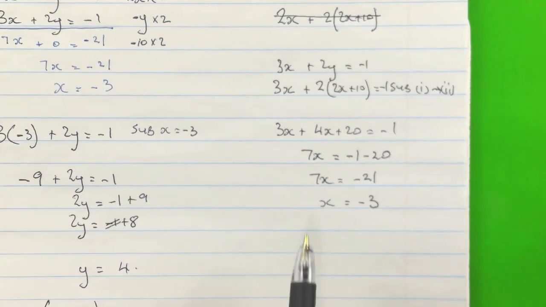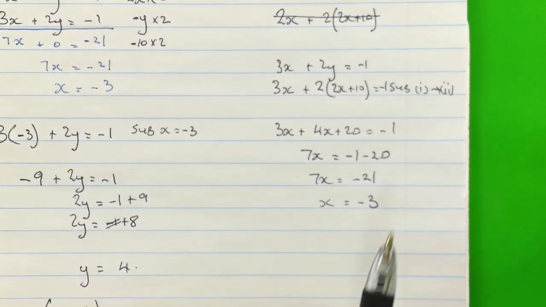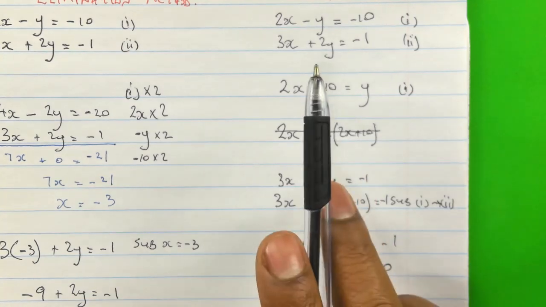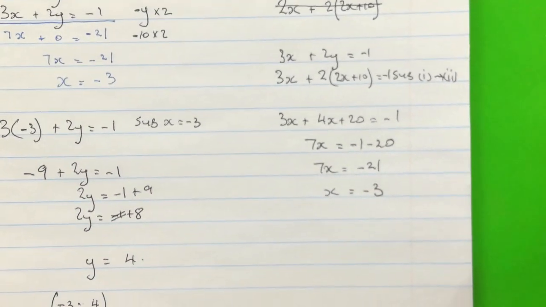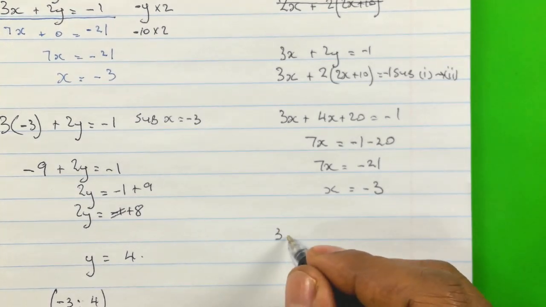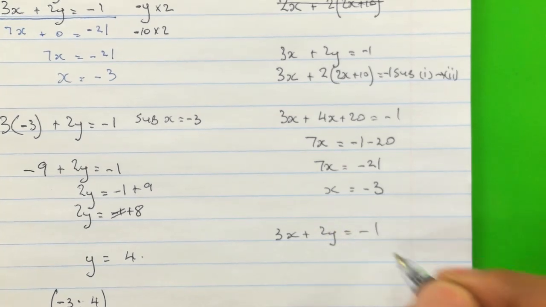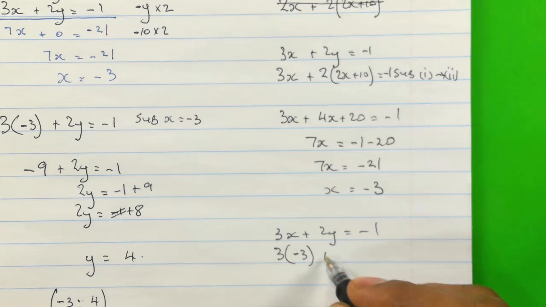What can I do now? I can take this x and put it in any of those. So I am still going to use this one because it's the simpler one. So now where there is an x, 3x plus 2y is equal to -1. Where there is an x, I put in a -3.